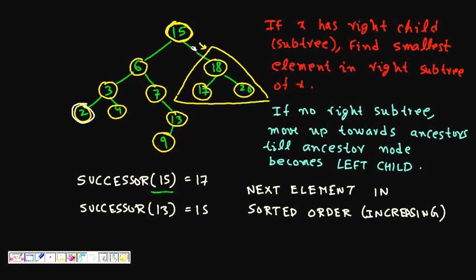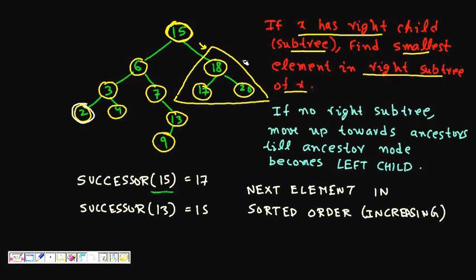Why? Because in the right subtree everything is greater than or equal to 15, based on the definition of a binary search tree. But we want the successor, which means just the next element higher than that. So if you find the smallest element in the right subtree, then it will be the successor. So if X has a right child or right subtree, find the smallest element in the right subtree.